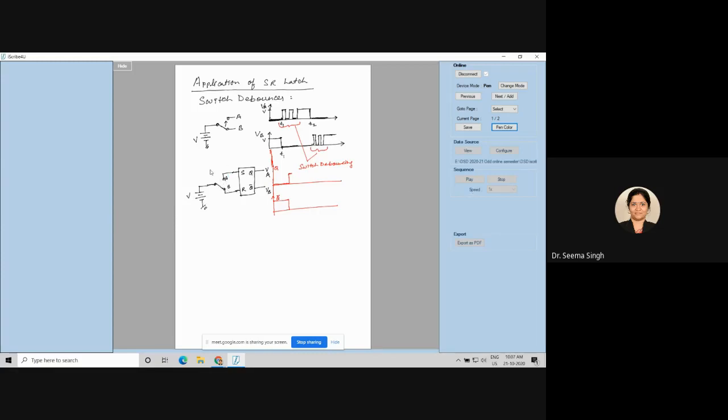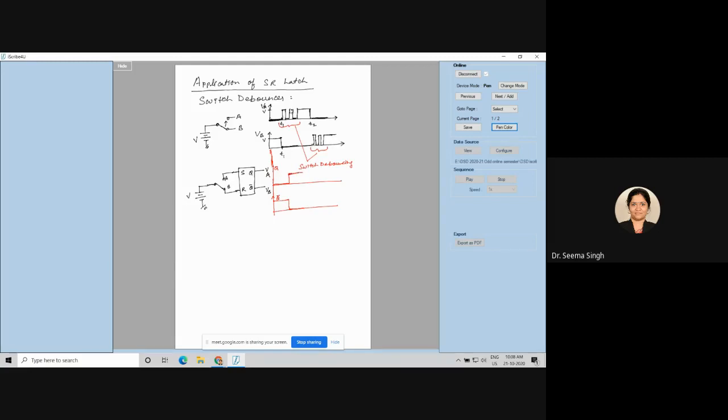It goes to memory state. Memory state means Q remains Q, Q bar remains Q bar. Understood? And when again it goes to A, when it bounces again, touches A, it goes to set state again. Whether it is set state or memory state, Q remains at 1 only.